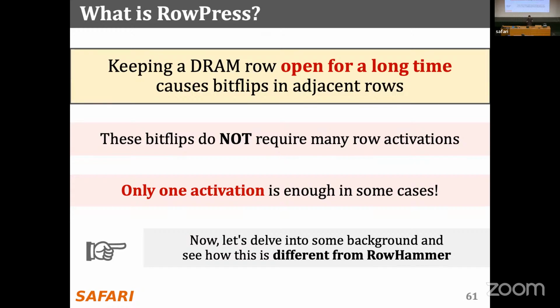In the aggressor row that we kept open, there will be no bitflips because the open row is backed by the sense amplifier, so its charge level will always be maintained. The bitflips are only in the victims that are adjacent to the aggressor row.